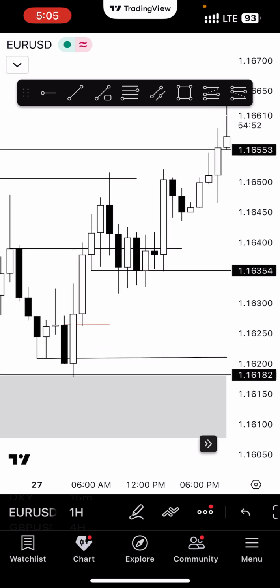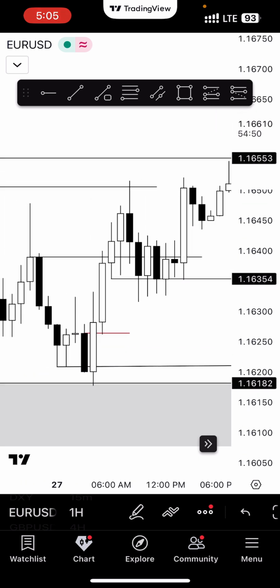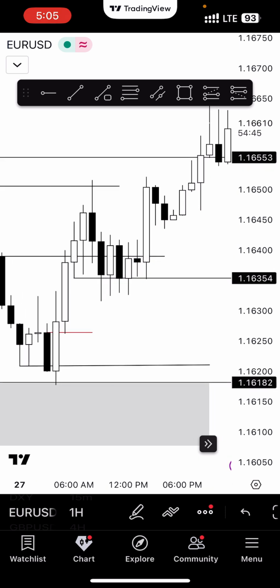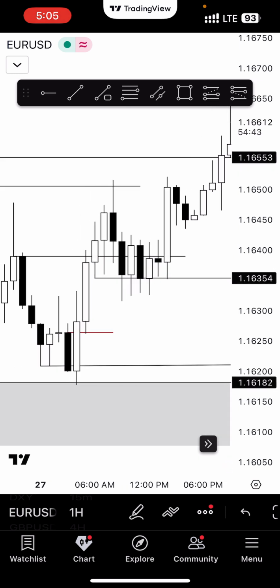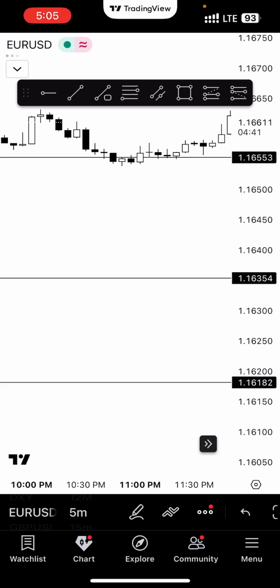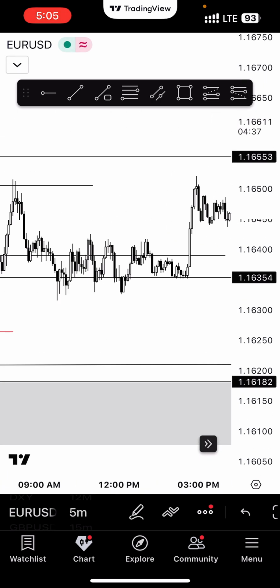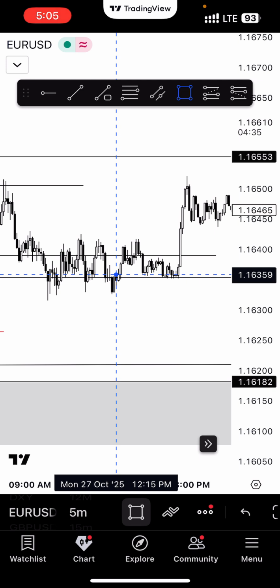Now from the 1 hour time frame, you move to the 5 minutes time frame to look for your entries. Now on the 5 minutes, as you can see, we had a whole lot of consolidation right here.